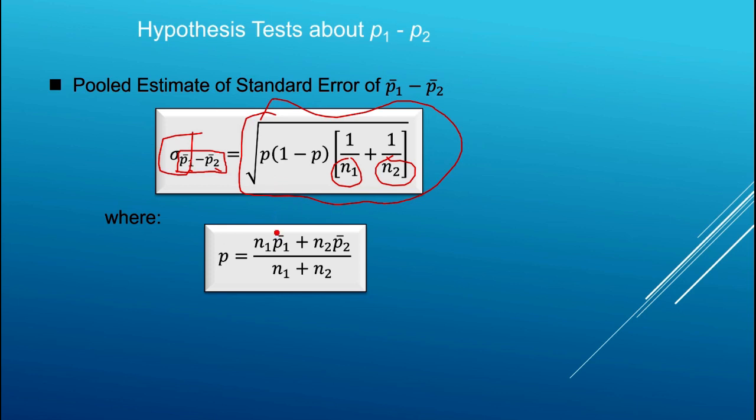And so the question that arises is, well, do we use P bar 1 in this equation, or do we use P bar 2 in this equation, or do we use some combination of the two? And what we're going to do is use a combination of the two, a weighted average of them. So this formula gives you a weighted average of P bar 1 and P bar 2. That's pretty obvious from looking at the formula.